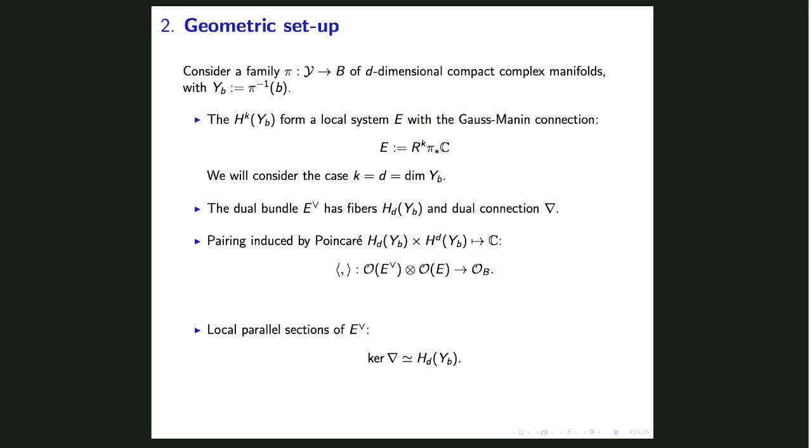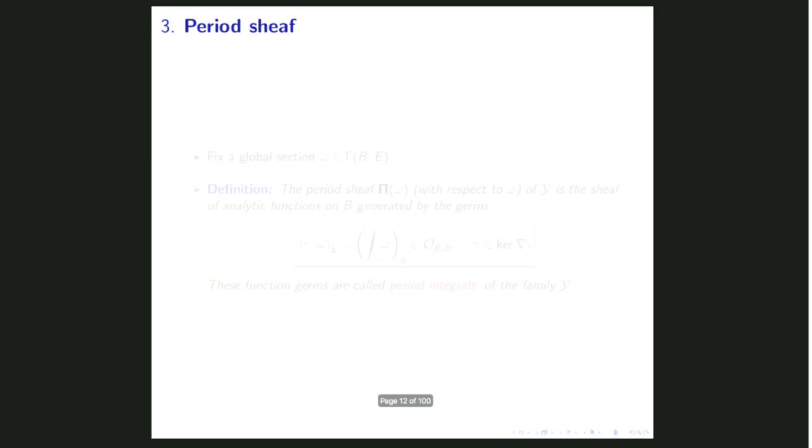And the local parallel sections of the homology group bundle are nothing but the homology group in the neighborhood of a point b, by Riemann's theorem.